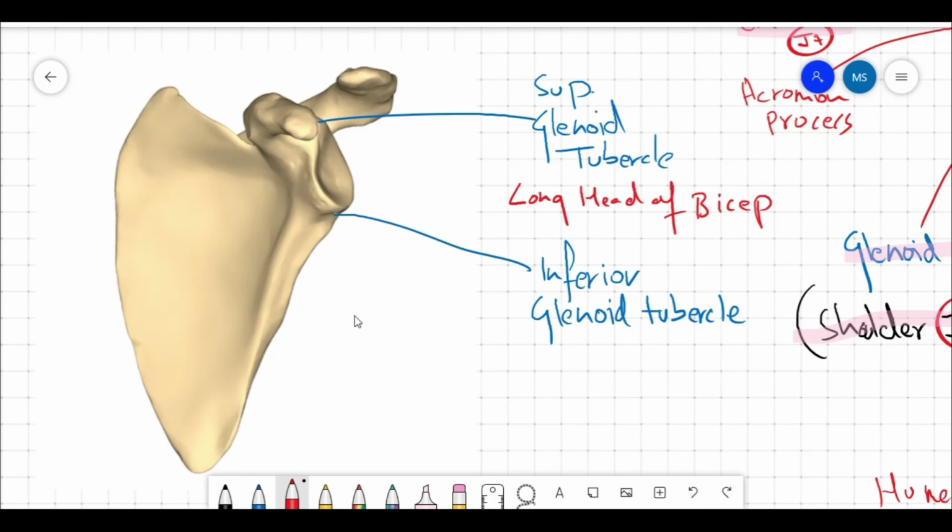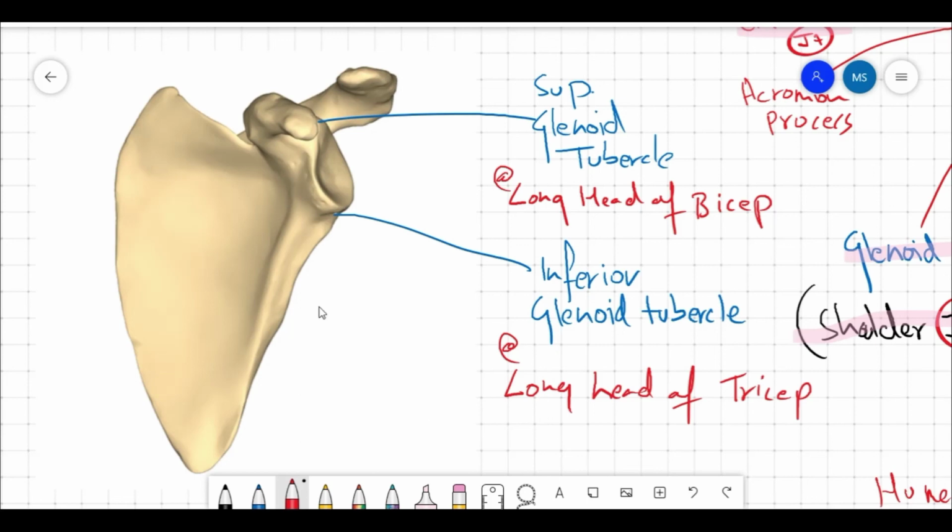It is the insertion point of the long head of biceps. At the inferior glenoid tubercle, it is the attachment of the long head of the other muscle, the triceps. Here the triceps long head attaches and here the biceps long head attaches, so they have some significance.